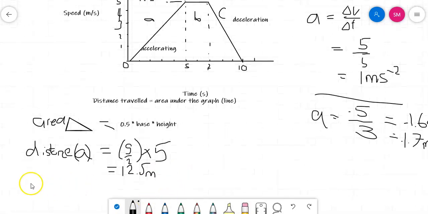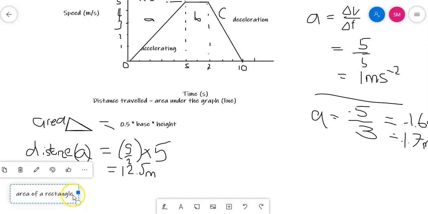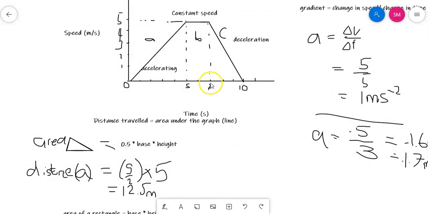So if we're wanting to calculate the area of a square or a rectangle, we go the base times the height. So the area of a rectangle is the base times the height. We don't do the half base like we would with the triangle. So if we're looking at the graph here, what is the base? The base is 7 minus 5.